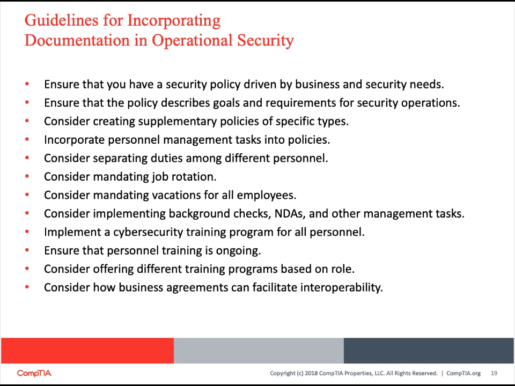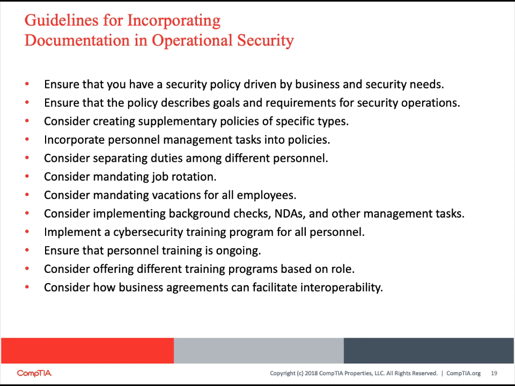We also need to ensure that the policy describes the goals. Any policies, not the policy, but any policies describe the goals and requirements for our security operations. That way, everybody understands what needs to be done and why. So we need to consider creating supplemental policies of specific types. So these are going to be things like AUP, right, and password policies, right, that are underneath other specific policies.